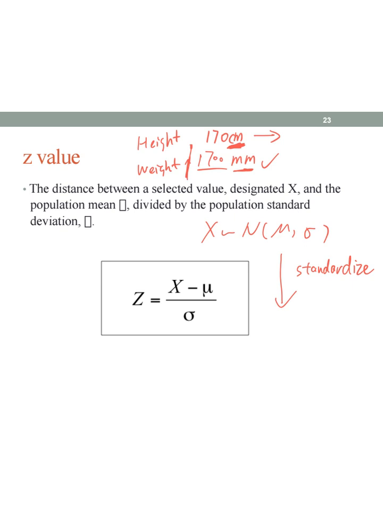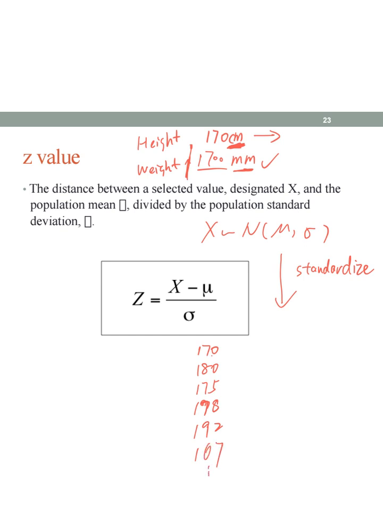And how do we get the standardized version of the random variable x? For example, I still use the height of human beings: 170, 180, 175, 178, how about 192, 167, and so on.